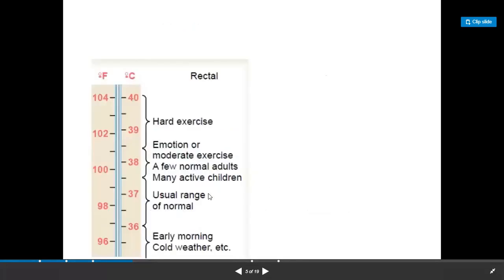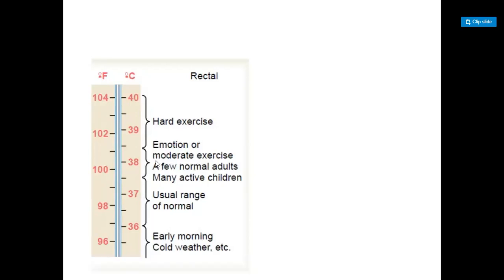So here, this slide is simply showing you what we have already said, that the usual range of the temperature is between 36.6 and 37. During moderate exercise, your temperature could increase up to 38 degrees, okay, which is still not a problem yet because you are doing exercise.